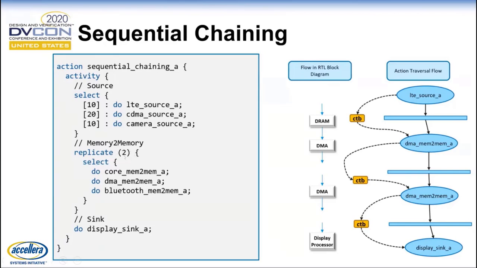Here in this case we have two, but we can think of ways to randomize the number of memory to memory actions, and then we need a sync. Here is one example on the right where an LTE modem is taking data from the external VIP, putting it in DRAM, then using a DMA action, moving it to another location in the DRAM, doing another DMA, moving it to another location in the DRAM, and then moving that data to the display.